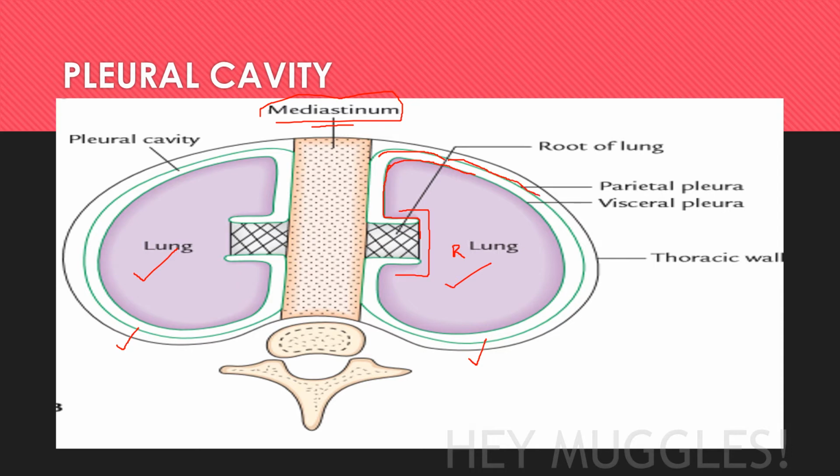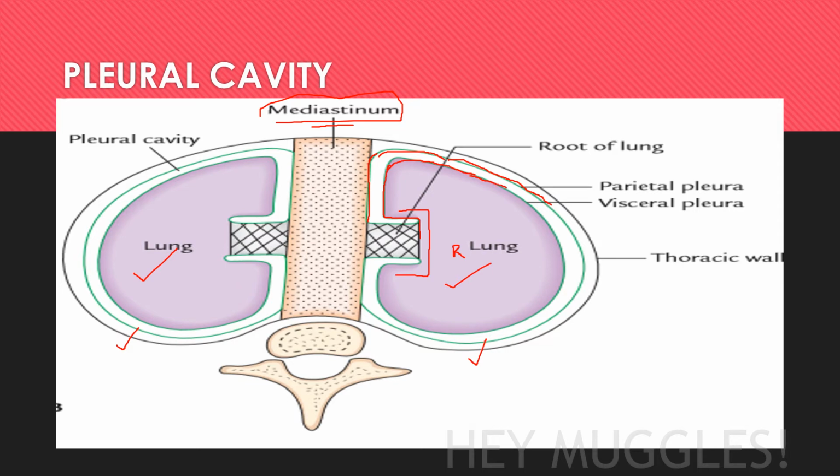Pulmonary cavity means your thoracic cavity and your mediastinum, right? So these all are your parietal pleura, and the pleura surrounding the lungs is your visceral pleura.